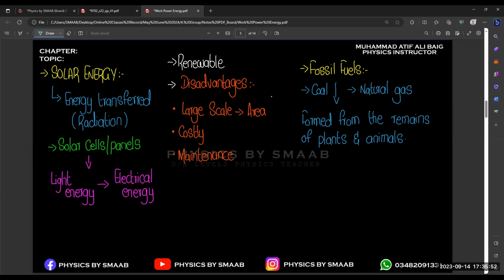Further, if we talk about the type of energy stored in fossil fuels like coal or natural gas, what category of energy are we getting from fossil fuel: mechanical energy, electrical energy, chemical energy? Aren't we getting thermal energy when we burn them?